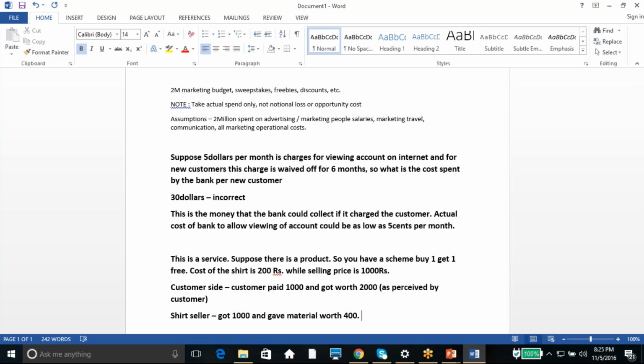So if we have a class here, and we say that if five students come together, then we will charge for only four. That fifth student actually is not a cost.